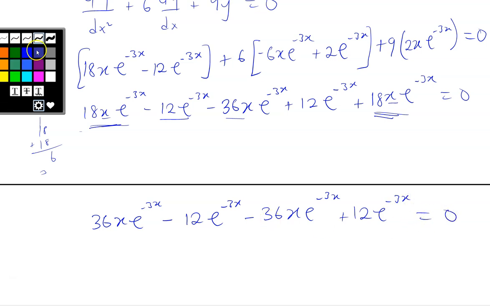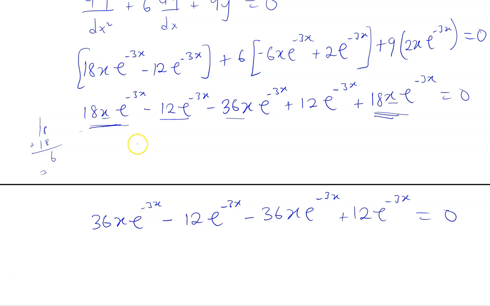Here we can see something clearly. Negative 36 plus 36, these terms are the same. One is positive, one is negative, so they can cancel out. This term and this term are also the same, so they can cancel out. So at the end, I'm going to get 0 is equal to 0.